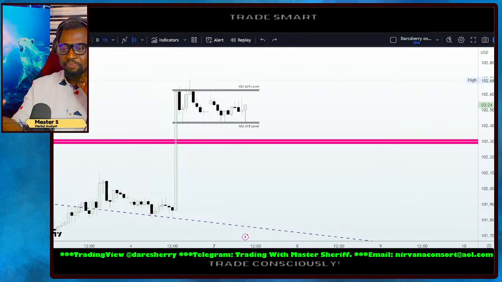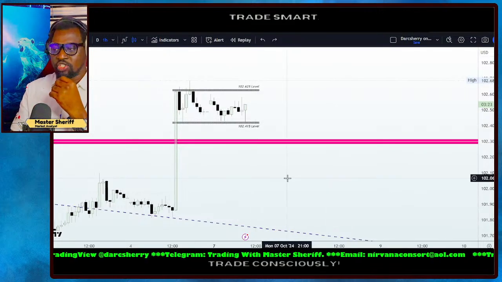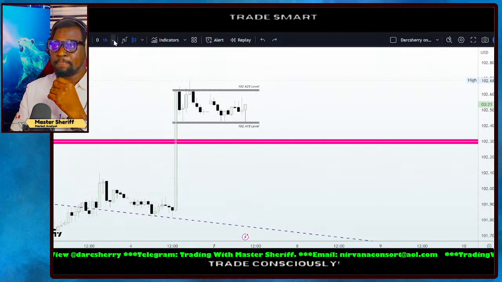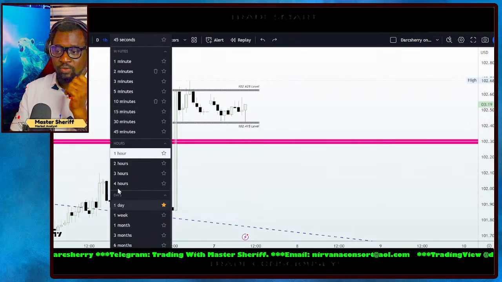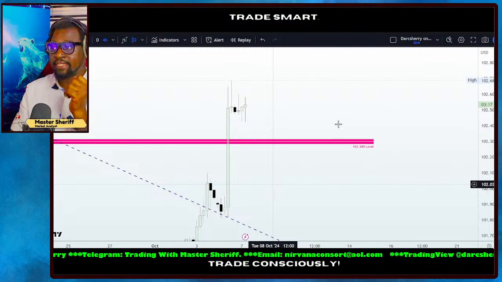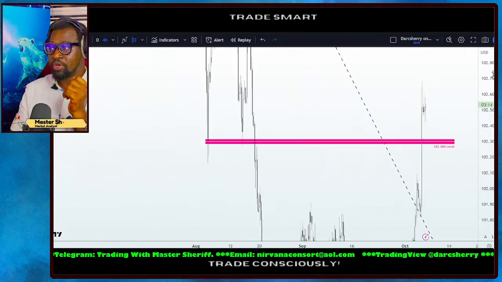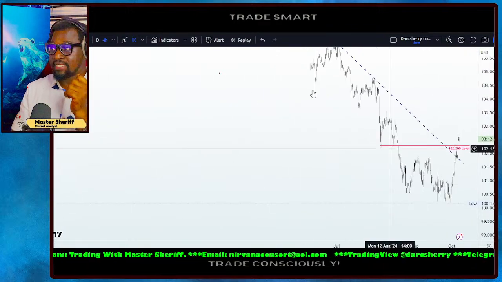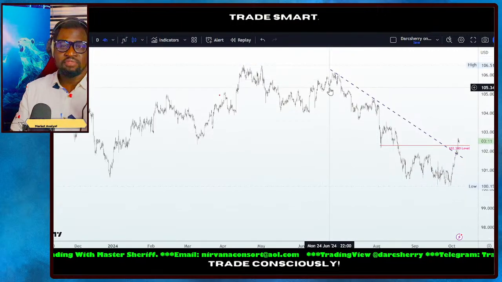So let's look at what I was trying to explain here. The first thing I shared was the 4 hours time frame, where I took into account the character of price action for the last 3 to 4 months.